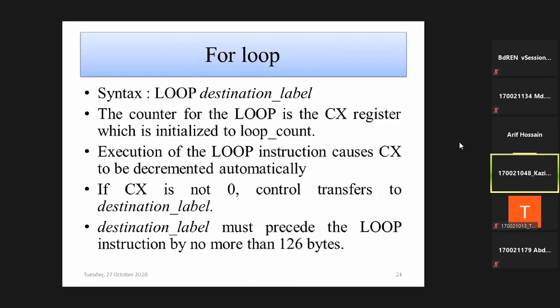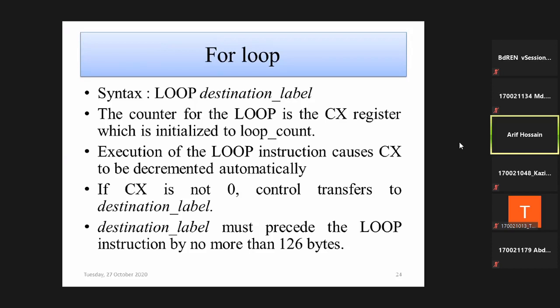As I said, loop is a built-in assembly language instruction. Your CX register is associated with this loop instruction. Every time you execute this loop instruction, the value of your CX register automatically decreases by 1. This is the main difference between this loop instruction and all the other instructions that we saw in today's class.